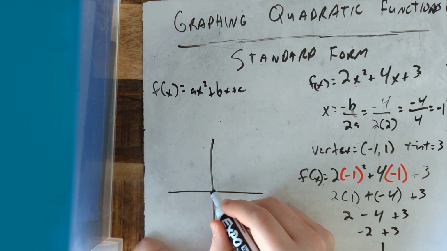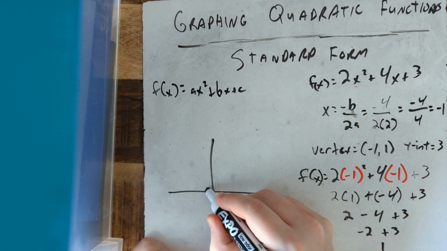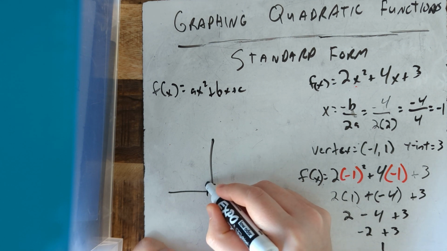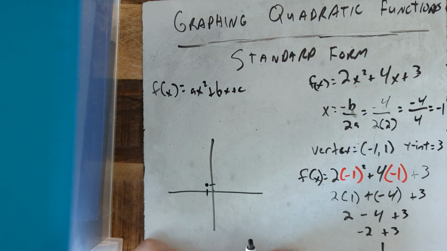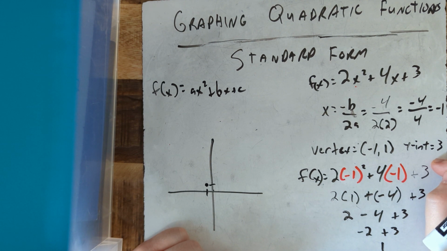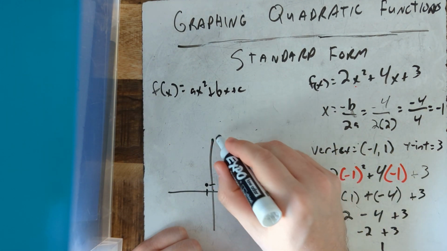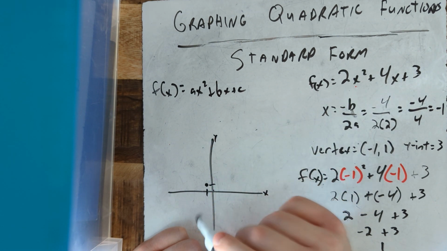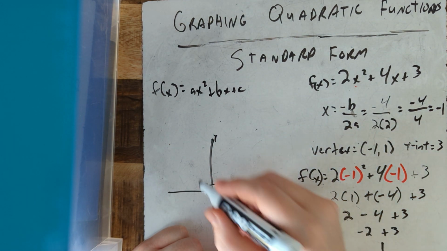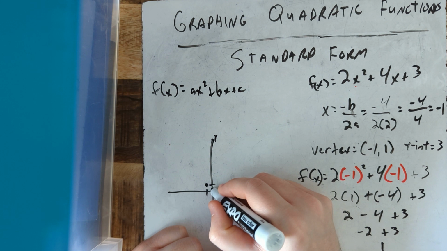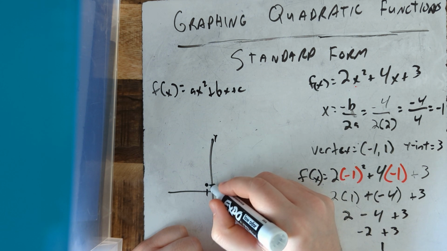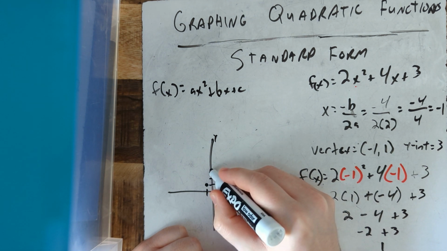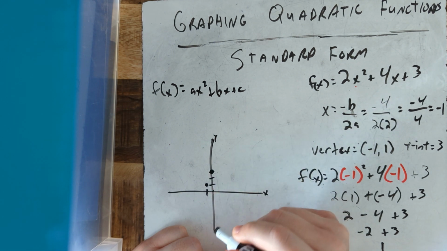So from our origin, 0, 0, go left 1 and up 1, and draw our point. And then we can also plot our y-intercept, which is where it crosses the y-axis. Our y is our vertical line here. Our y-intercept is 3. So we count from our origin up 3: 1, 2, 3.